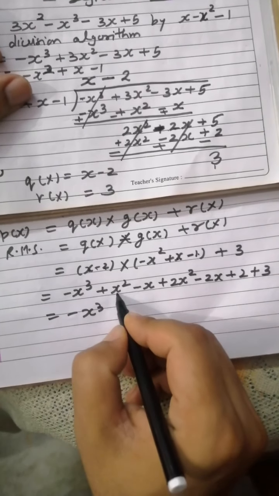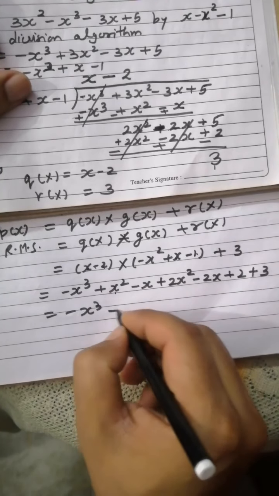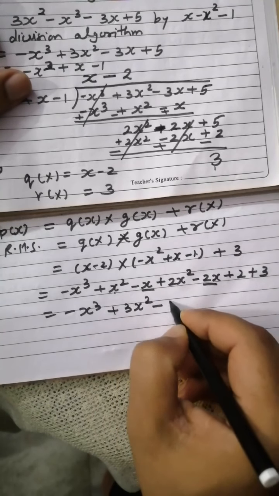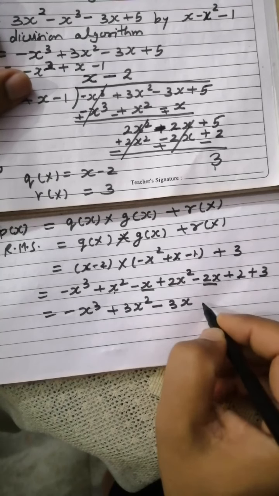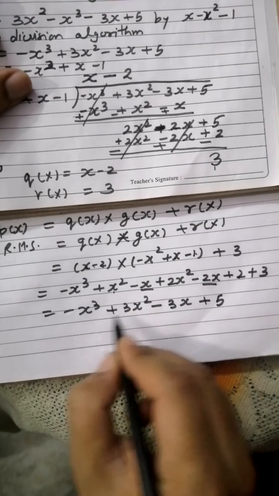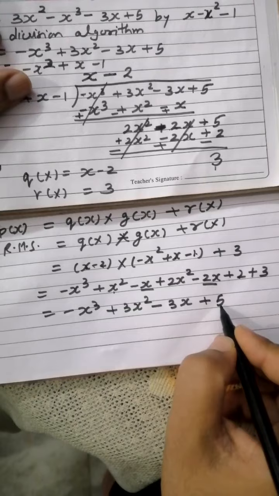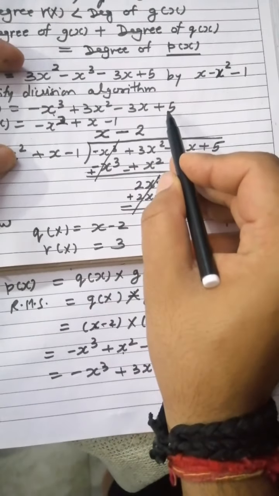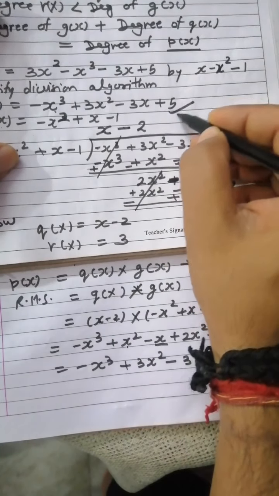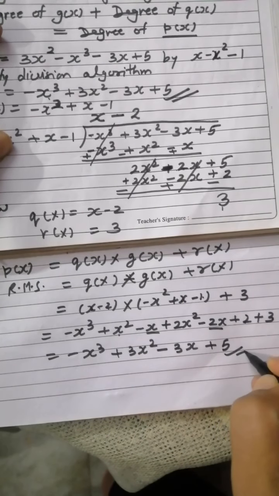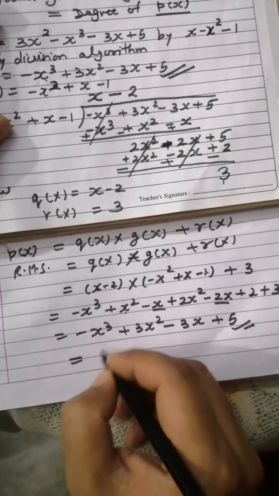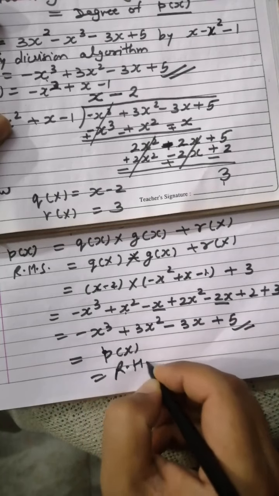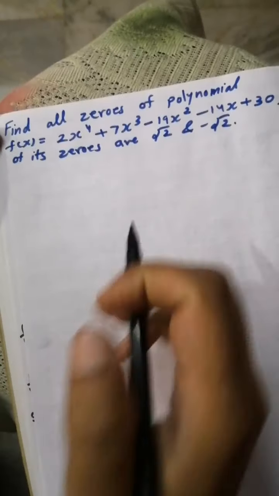Here you can see x square plus 2x square, so it will be plus 3x square. Now minus x minus 2x means minus 3x, and plus 2 plus 3, plus 5. Minus x cube plus 3x square minus 3x plus 5. Now you can see there, minus x cube plus 3x square minus 3x plus 5. That is the same like we got there. So here we can write, hence LHS equals RHS, or it is px. So LHS equals RHS. Hence division algorithm verified.